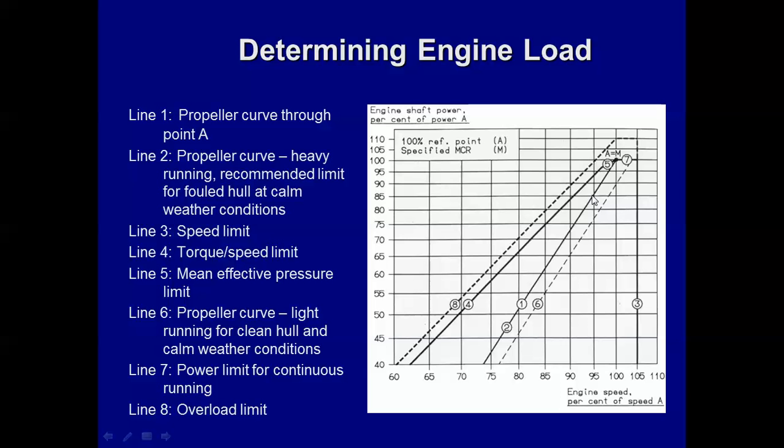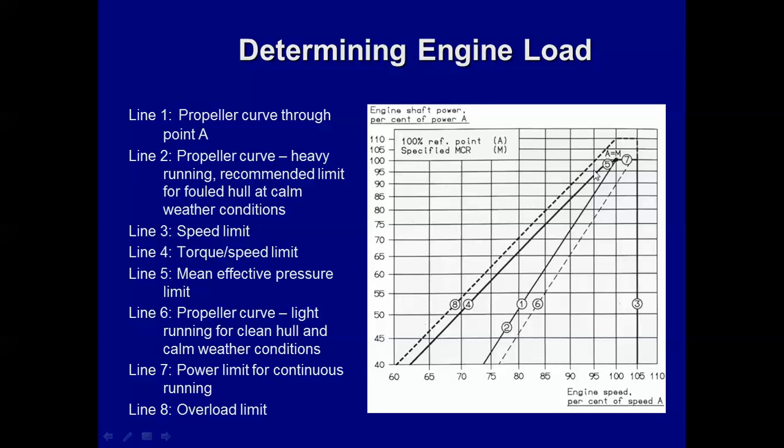As you go into that storm, there's more wind acting on the house and more waves acting on the hull. To maintain that 95 RPM, my rack's going to go up, and when I get up into this area, now I'm overloaded. So I've got to slow down on the throttle.